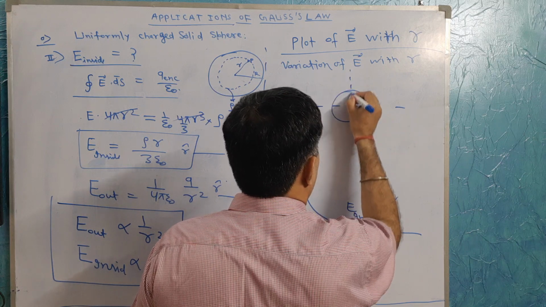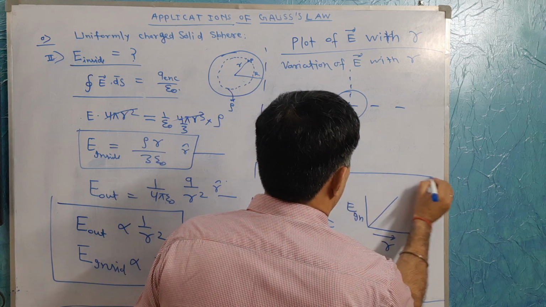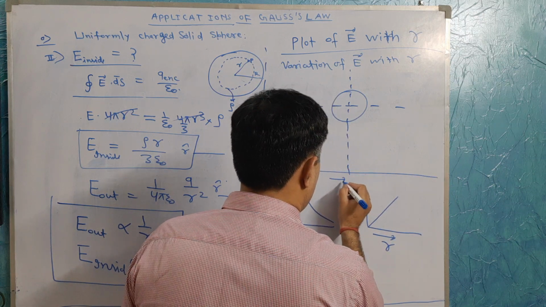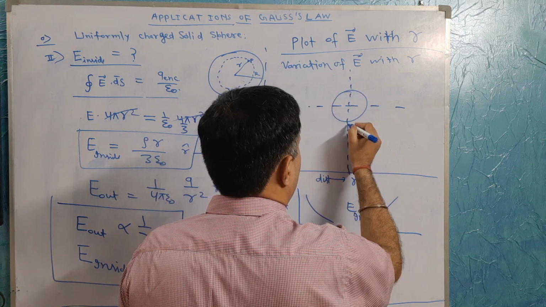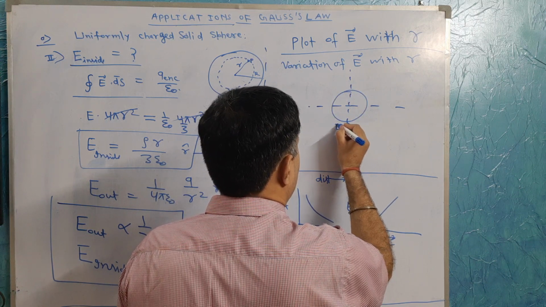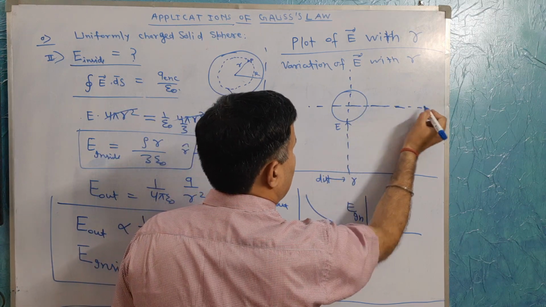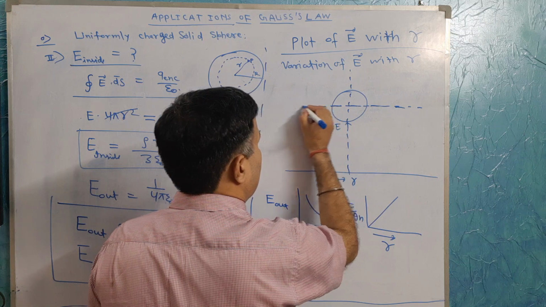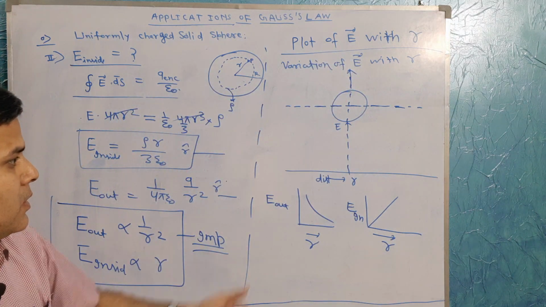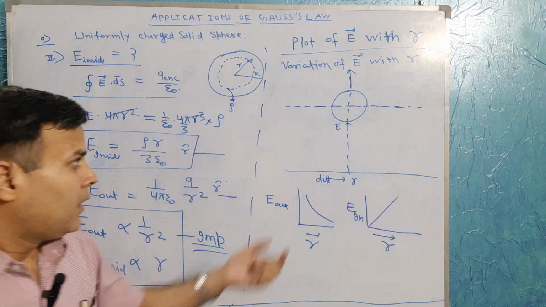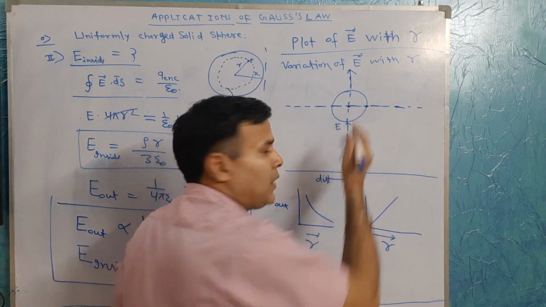So this is a sphere, this is distance, which is r, and this is the electric field. At the center of the sphere, meaning inside, from the center to the surface, we have three different situations.